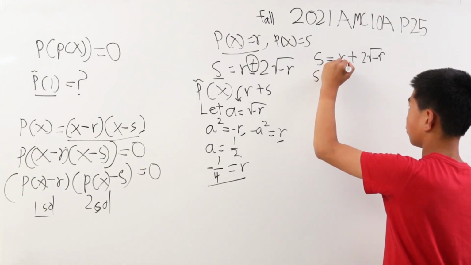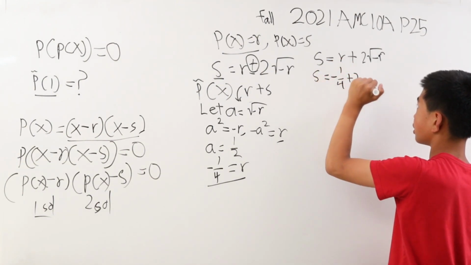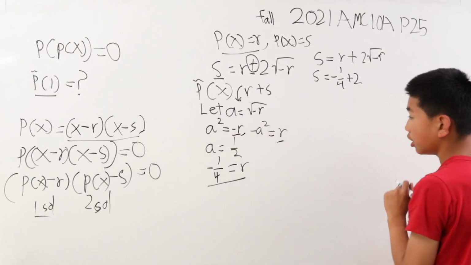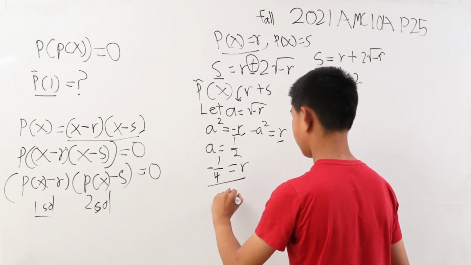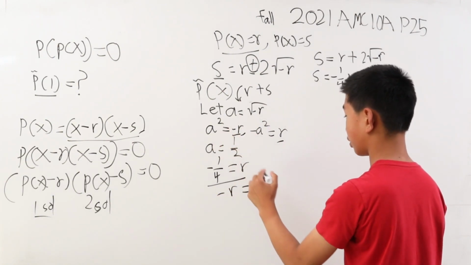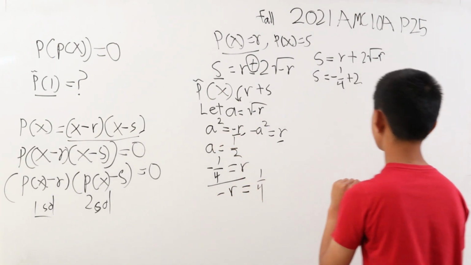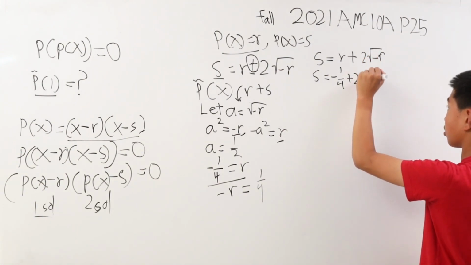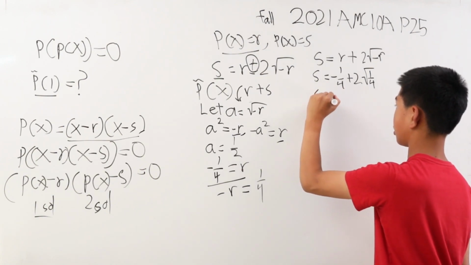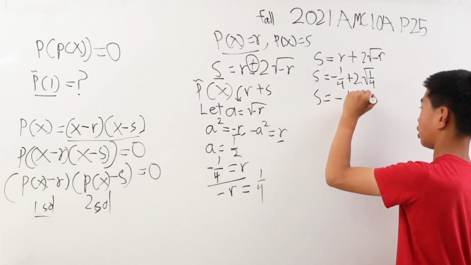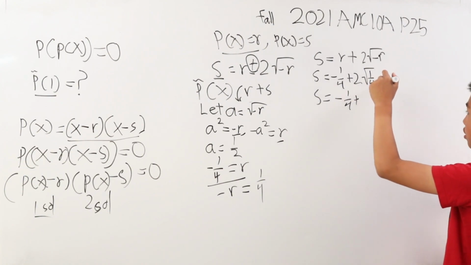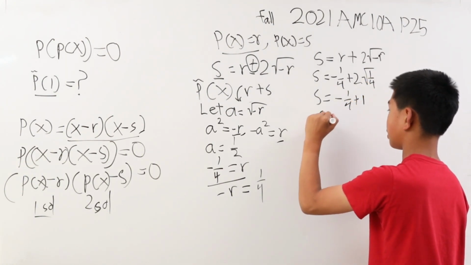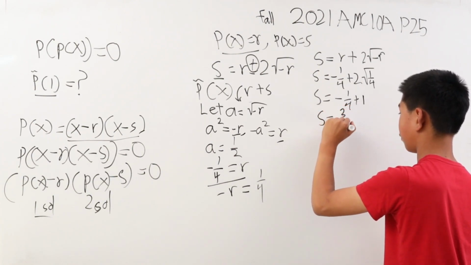This is negative 1/4 plus 2 times, well, negative r is equal to a squared. This is 1/4. So 2 times the square root of 1/4 in here. So s is equal to negative 1/4 plus, well, when you bring this in, this is just 1. So plus 1. So s is equal to 3/4.